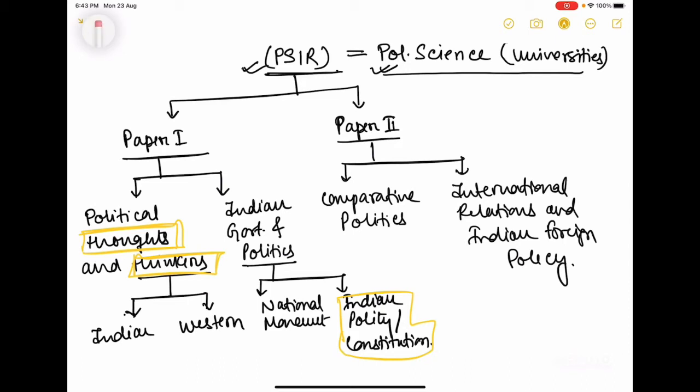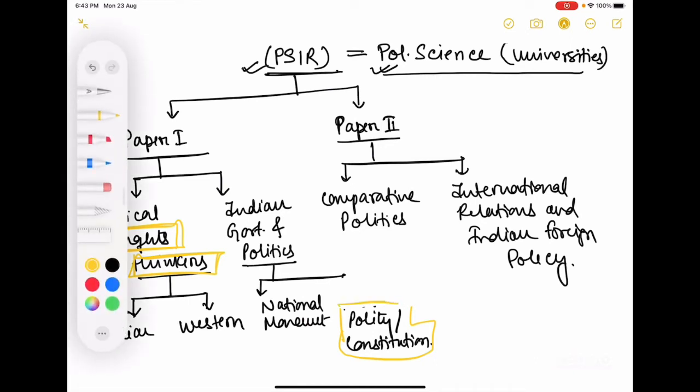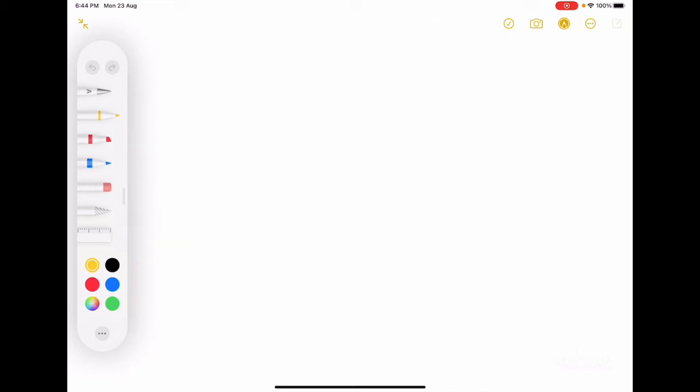Now, from this part, there are many things which are common to comparative politics. And this part is absolutely separate. So let us jot down each and every single part of the syllabus, which will help us understand even more clearly the syllabus that we have, right? Let's start.